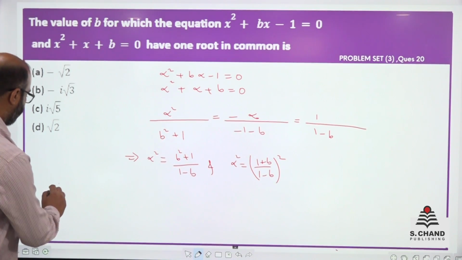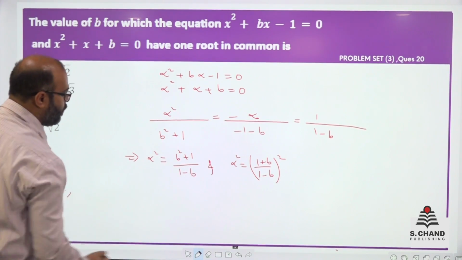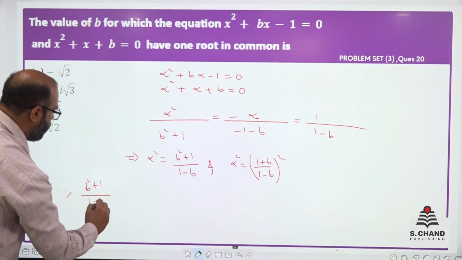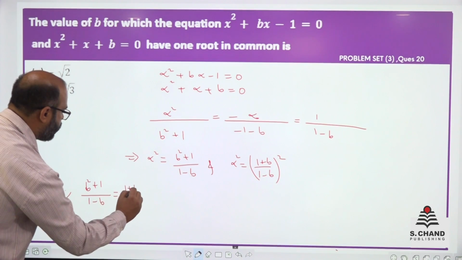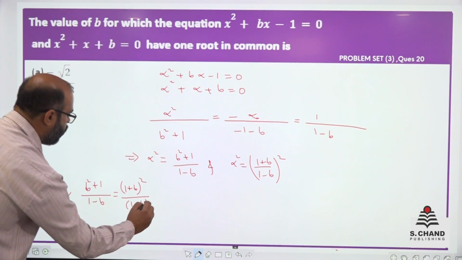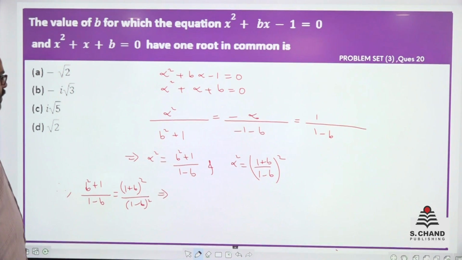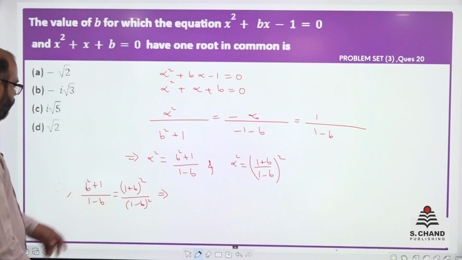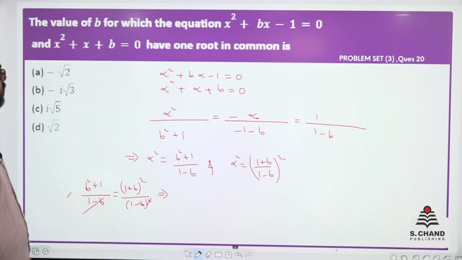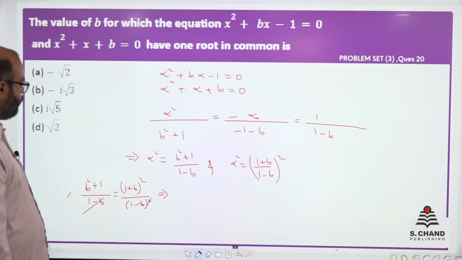So therefore, when we equate them, b square plus 1 upon 1 minus b is equal to 1 plus b whole square upon 1 minus b whole square. Now let us multiply. First of all, we can cancel 1 minus b because b cannot be 1, otherwise it will not be defined. Then multiply.